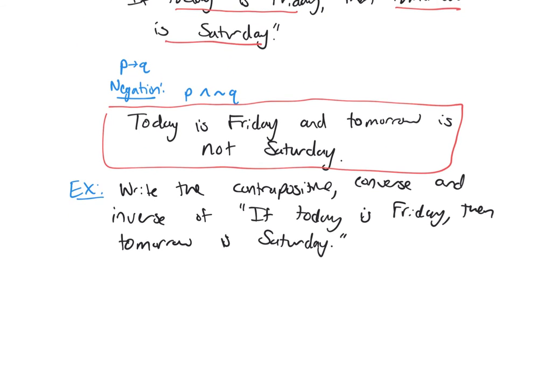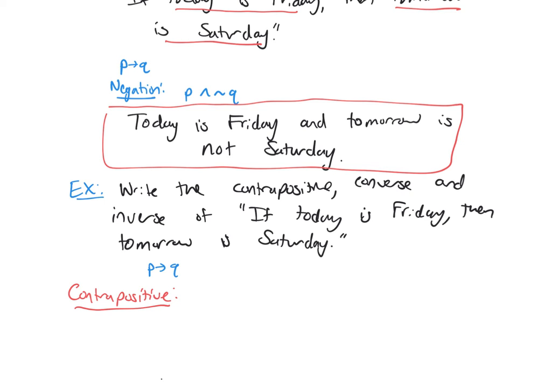So let's start with the contrapositive. So remember, for a conditional statement, it's written as if P then Q, but for the contrapositive, you switch them and then you negate them.